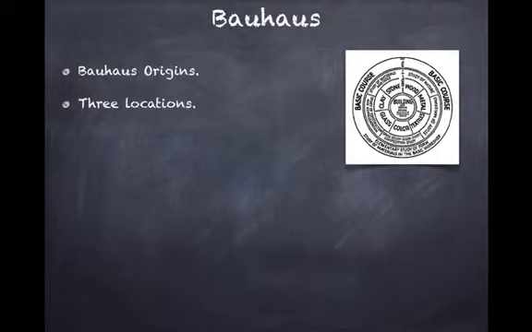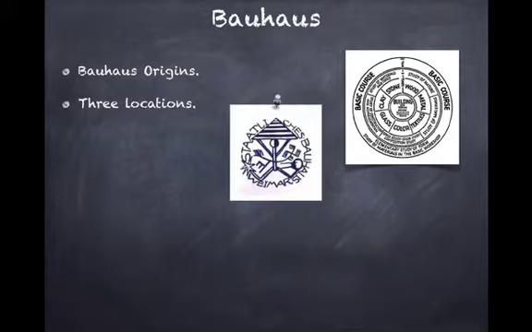The Bauhaus curriculum is a combination of theoretical education and practical training. The Bauhaus was sponsored by a state initiative to integrate the artist and the craftsman while bridging the gap between art and industry.